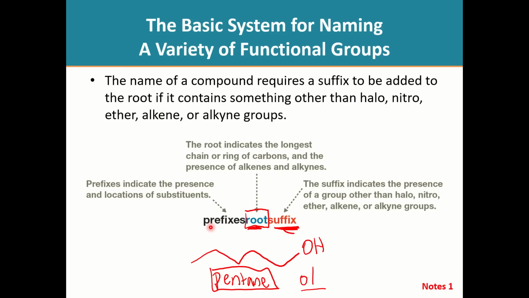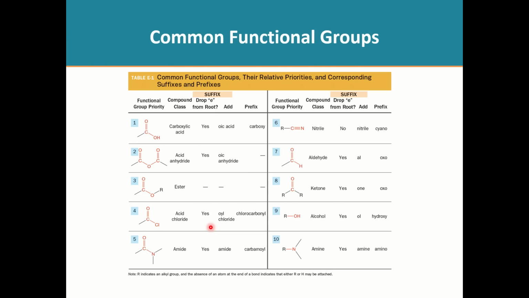Okay. And we've already discussed how to name certain substituents. But if the substituents are one of these kind of functional groups, then we name those substituents by a different name or a prefix. So if we're looking at an alcohol prefix, it would be hydroxy. If it's an amine, it would be amino. And an amide, it would be carbamyl.